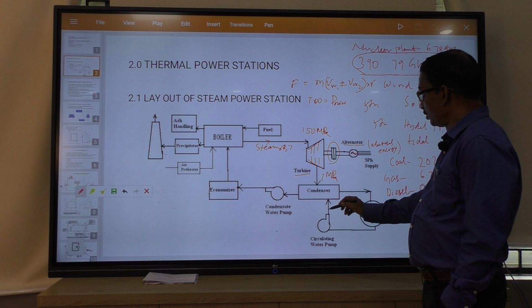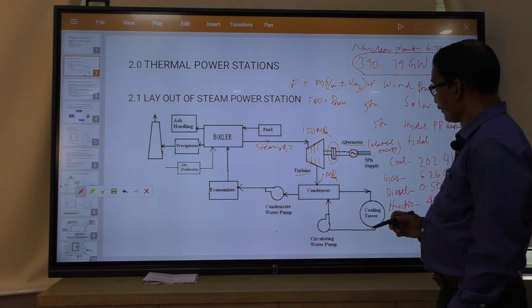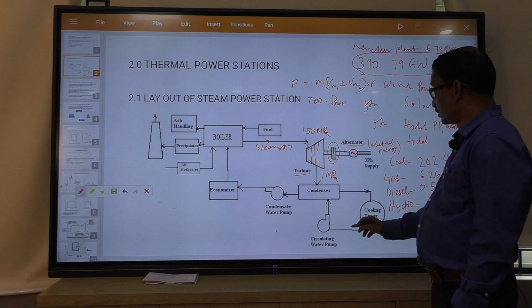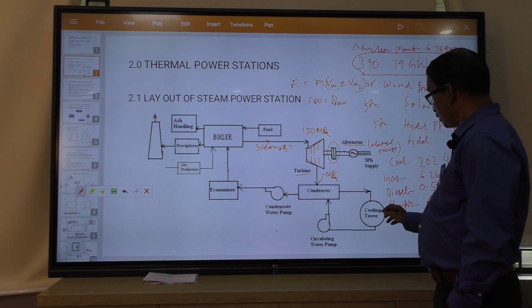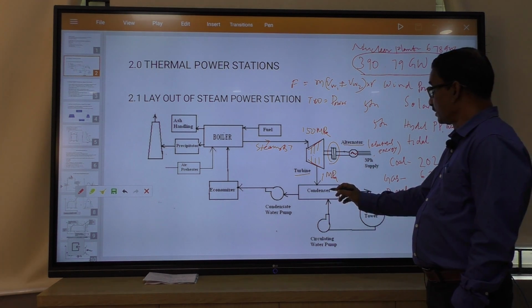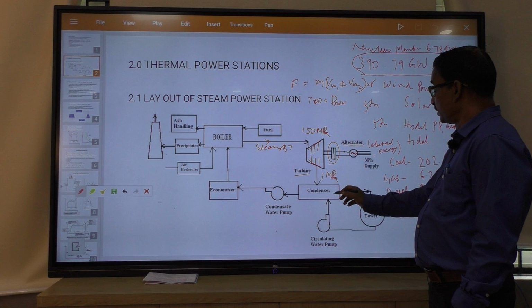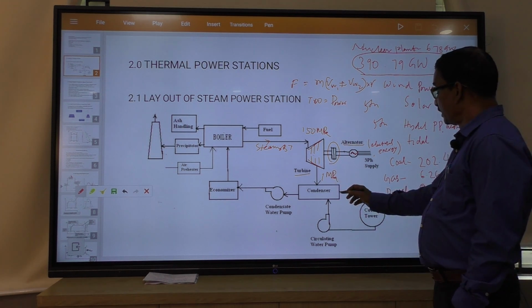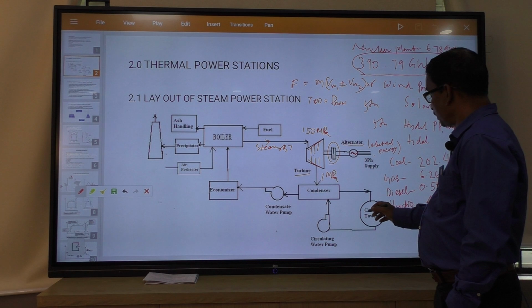A pump always circulates, it never stops. It continuously circulates the cold water from the cooling tower to the condenser, and in the condenser that water gets warmed by taking heat from the steam, and then again enters the cooling tower.